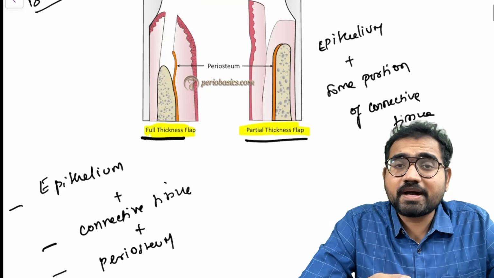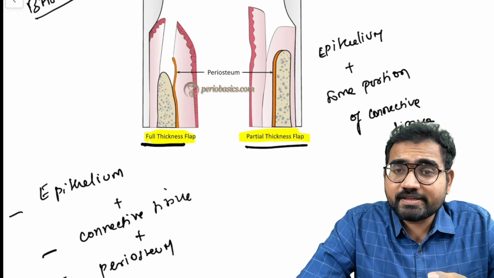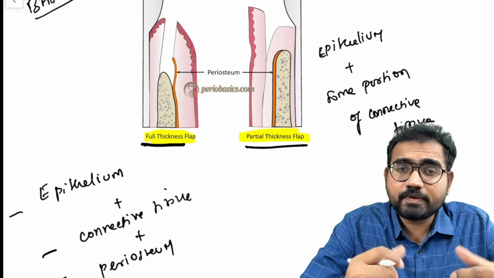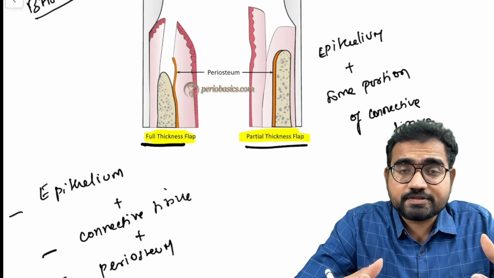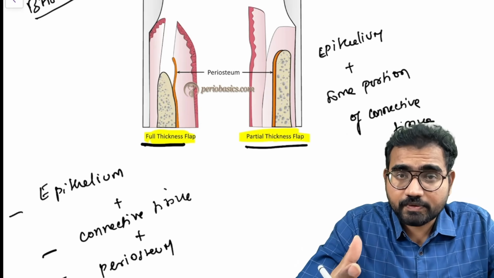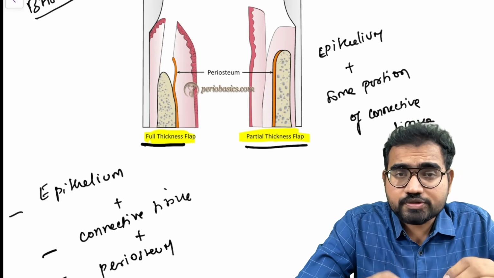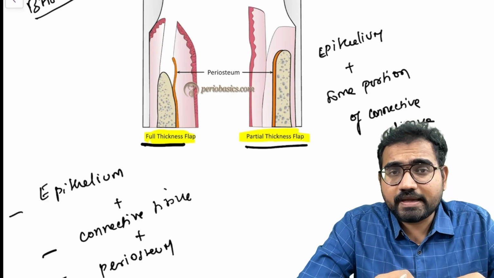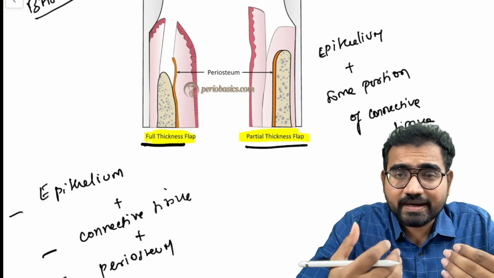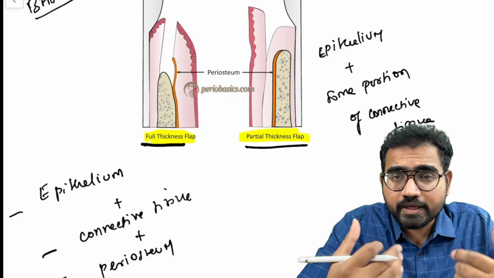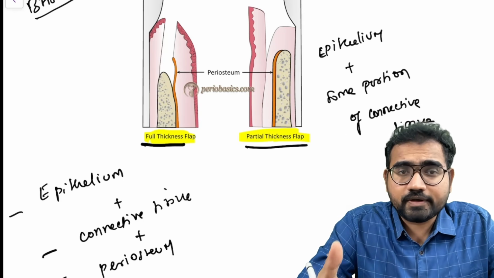Partial thickness or split thickness flaps we predominantly use in mucogingival surgeries or periodontal plastic surgeries. A full thickness flap is mostly recommended in case of bony deformities, where bony recontouring needs to be done.